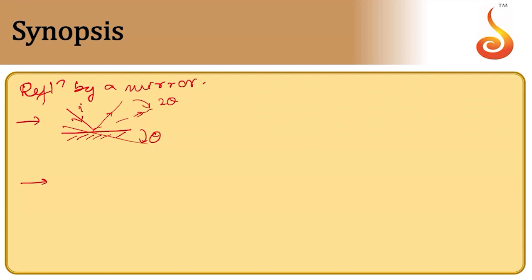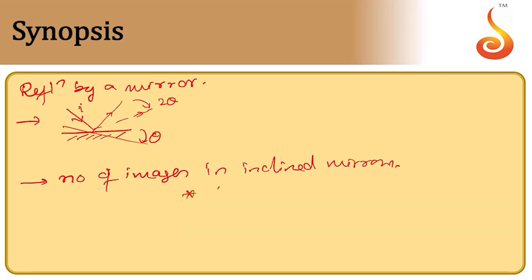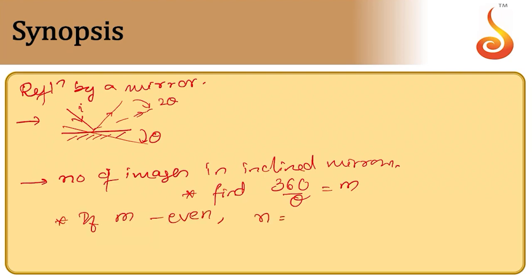Number of images in inclined mirrors, or multiple reflections. The idea is like this. First of all, find the value of 360 divided by theta. Let's call this m. Now if m is even, then number of images formed is m minus 1 for all positions of object.